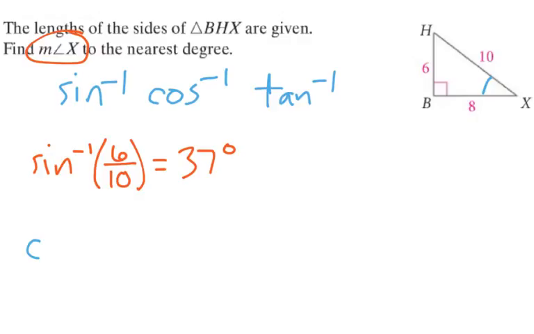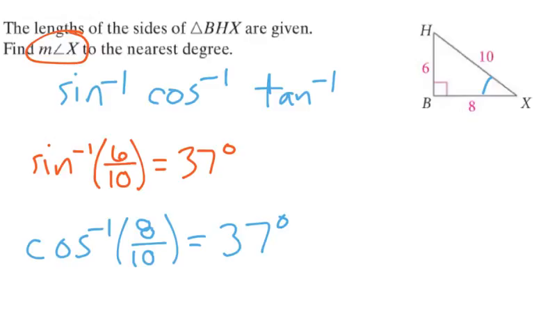Now let's go ahead and do cosine. The inverse cosine, again from x, is adjacent, 8, over hypotenuse, 10. If you do the inverse cosine of 8 over 10, you end up with 37 degrees. Look how that worked out. And lastly, let's do tangent.